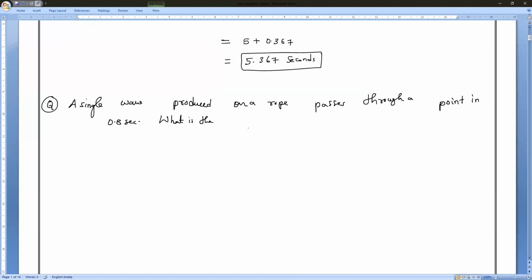What is the wavelength of the wave if its speed is 7 meter per second?